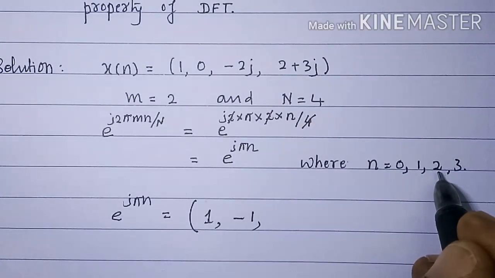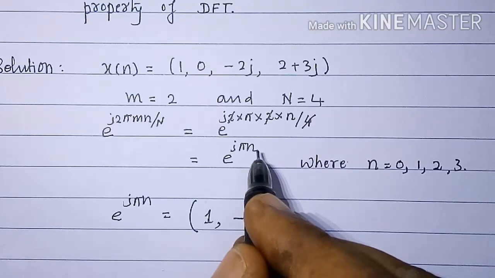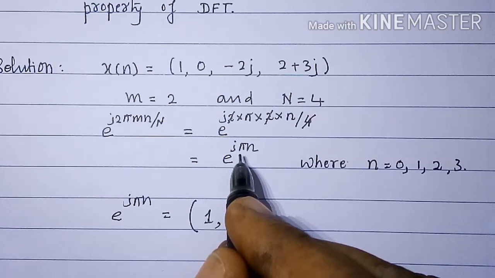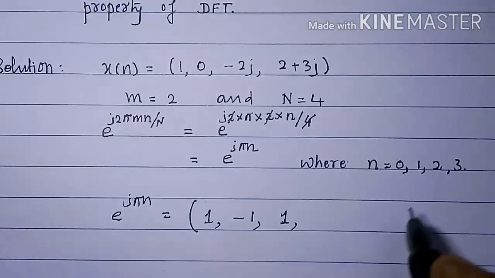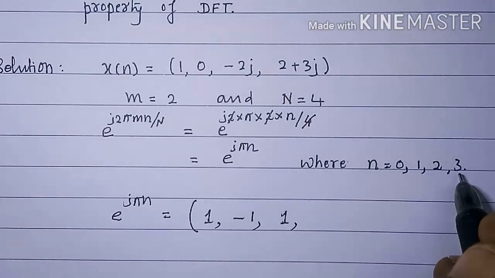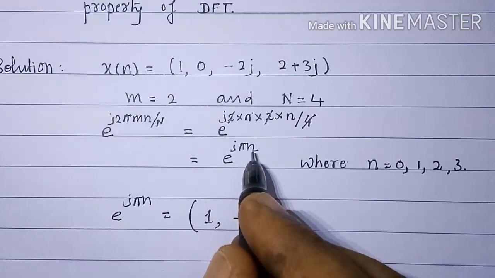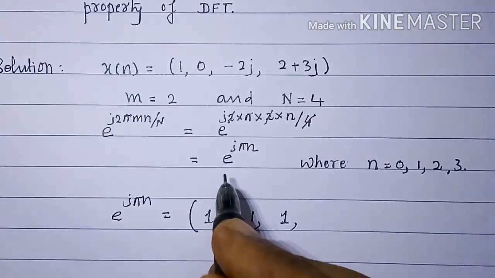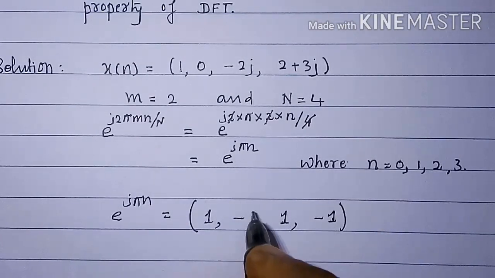For n equal to 2, we get 2 pi, which means 360 degree or 0 degree, so here we get plus 1. Next, for n equal to 3, e raised to j 3 pi is minus 1.